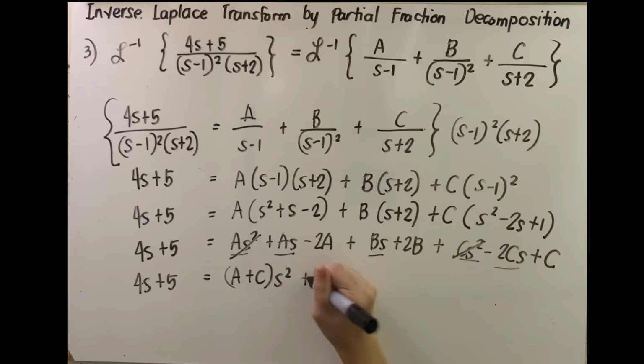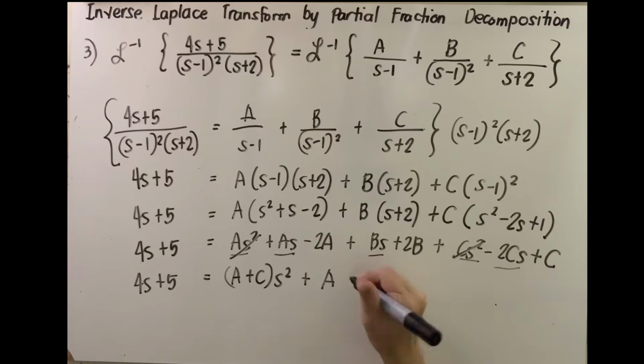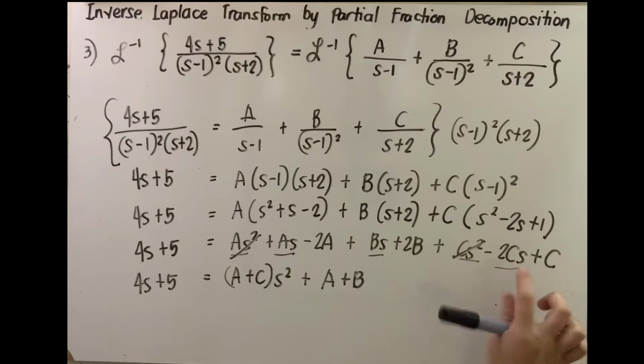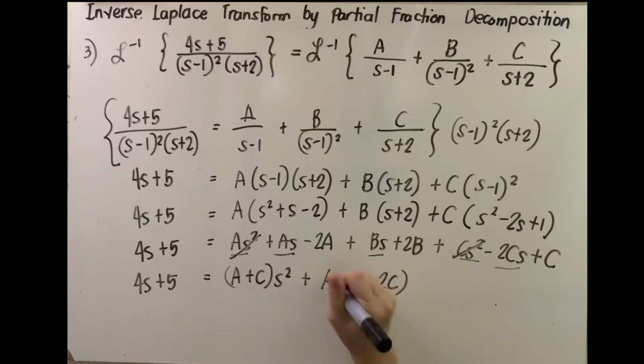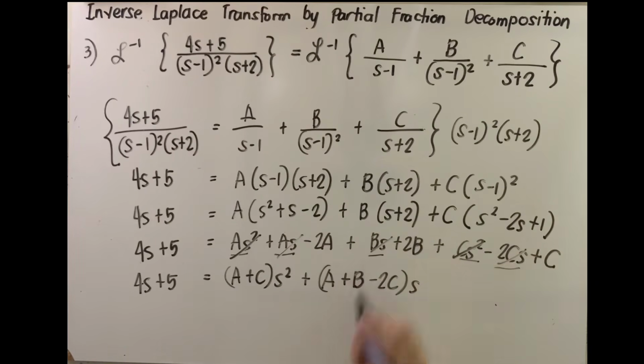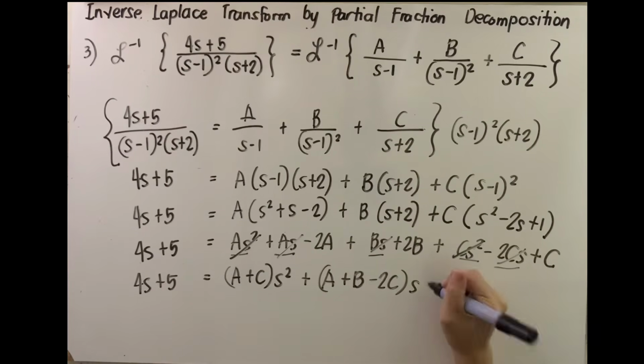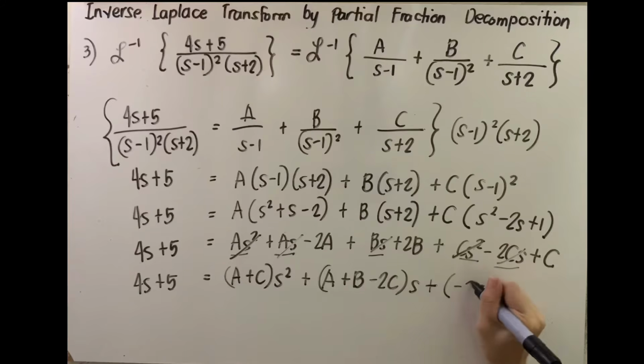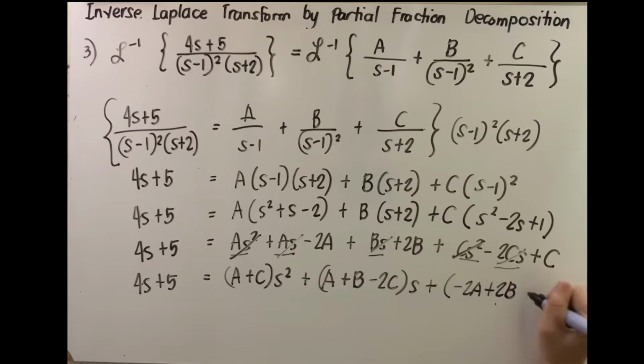So factoring S, you'll get positive A, positive B, and negative 2C, all multiplied by S. So I'll cancel this na, para lang may palatandaan ako. And then the constants. So plus the constants, you have negative 2A, okay, positive 2B, and positive C. And then afterwards, equate coefficients on both the left and the right side.